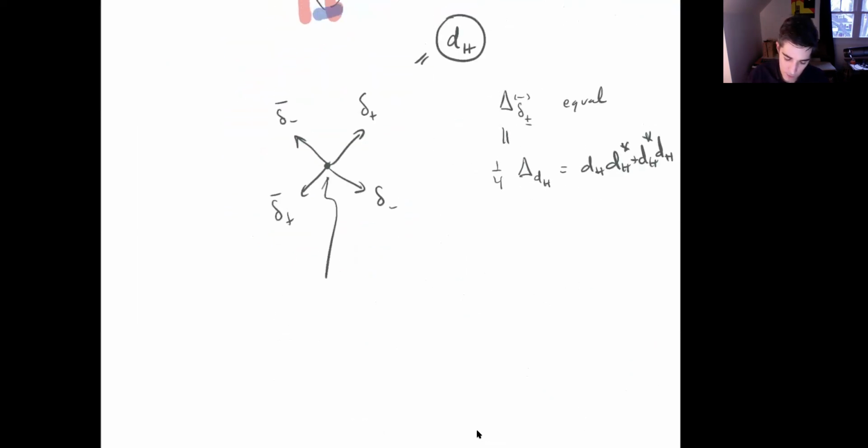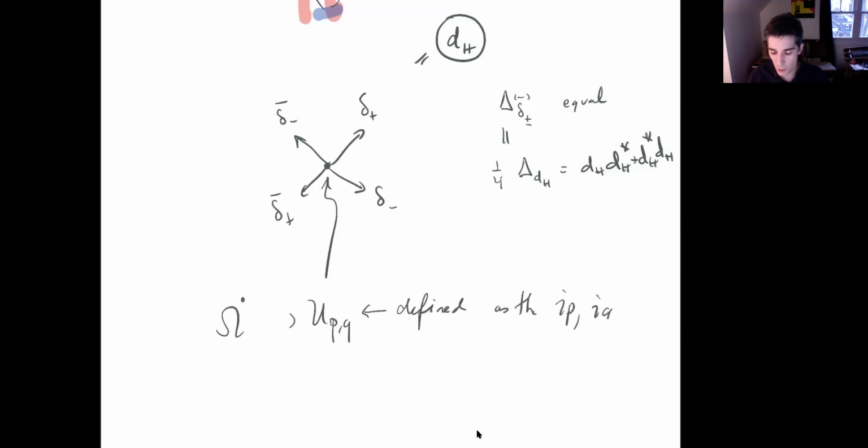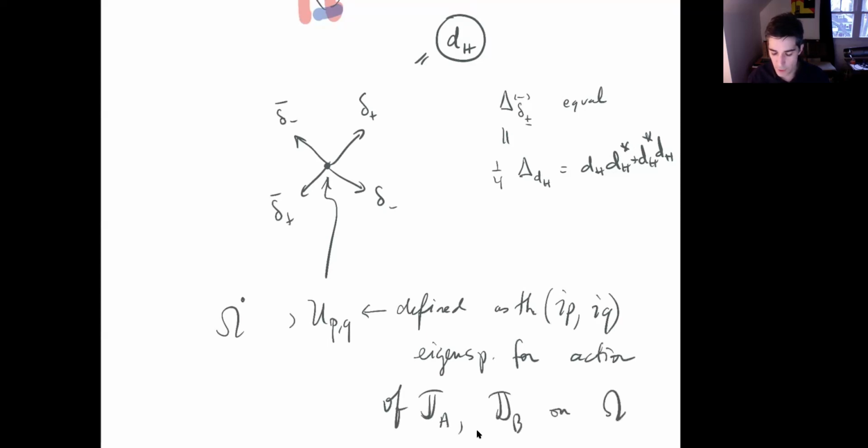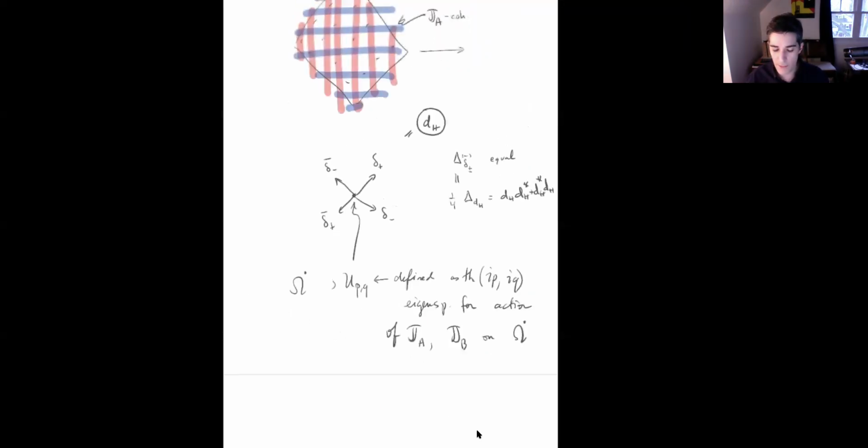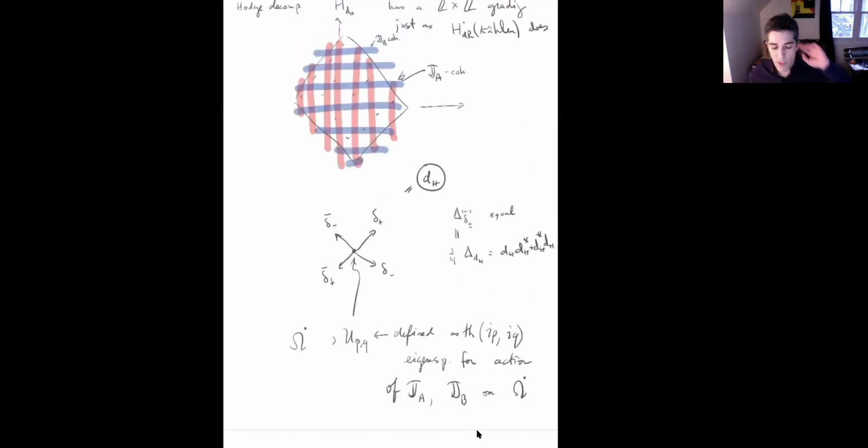And this PQ part inside the differential forms is defined as the i times Q eigenspace for the action of JA and JB on the differential forms. This is not something that I had time to discuss, but if you look at that short paper, it's only a couple of pages, it explains how the generalized complex structures act on differential forms, and they act with eigenvalues which are i times an integer.